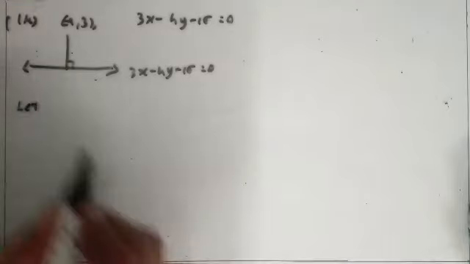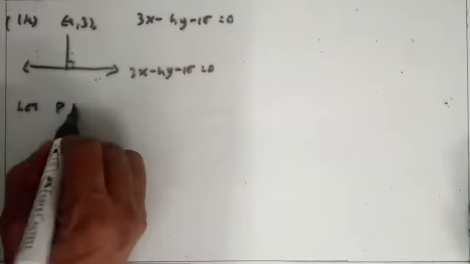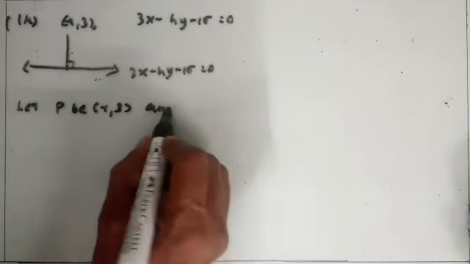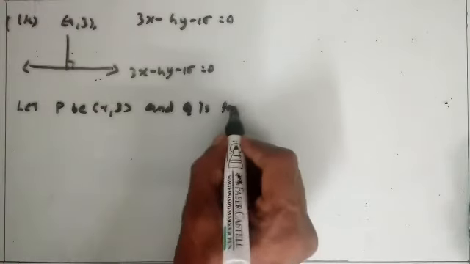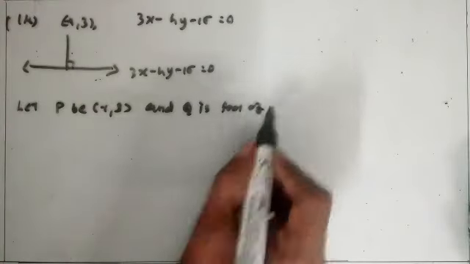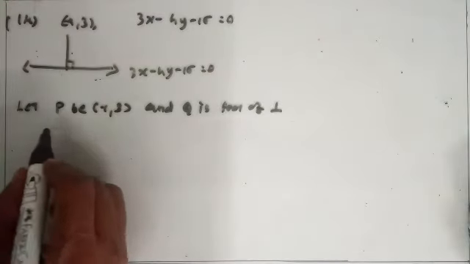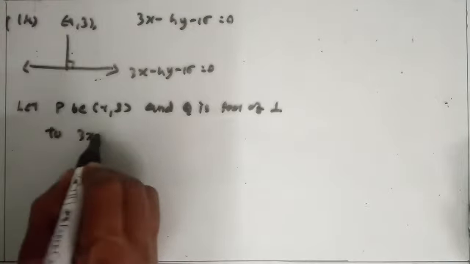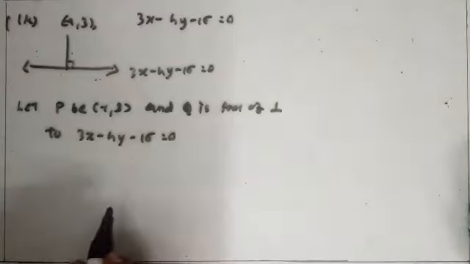Let P be (-1, 3) and Q is the foot of the perpendicular to 3x - 4y - 16 = 0.